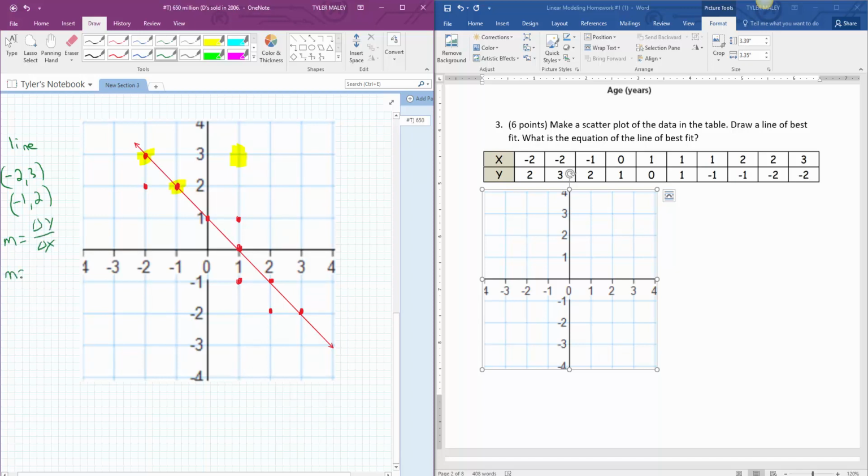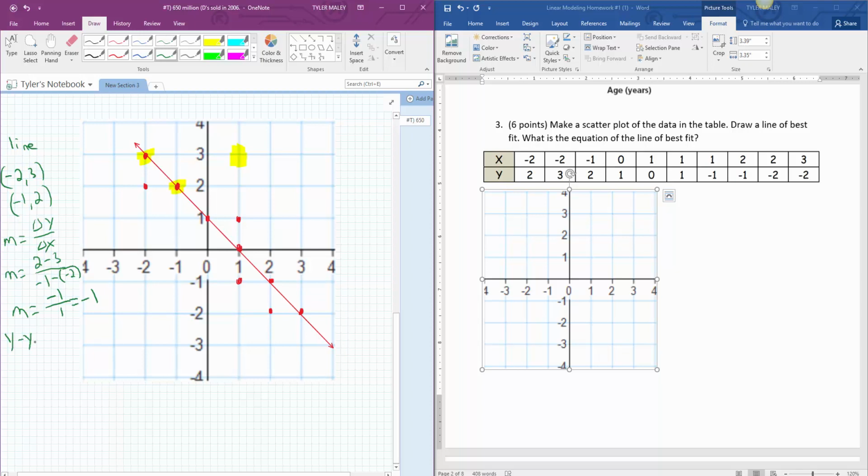So in this case, my slope would be 2 minus 3 all over -1 minus -2. That would be -1 all over -1 plus 2, which is +1, so we get -1. So I have a -1 slope.